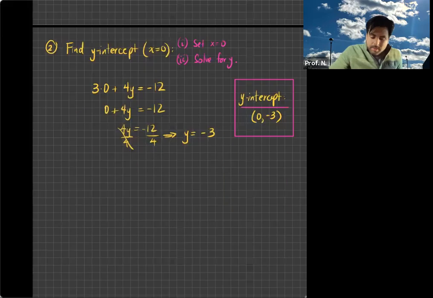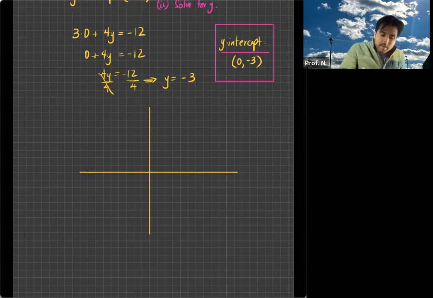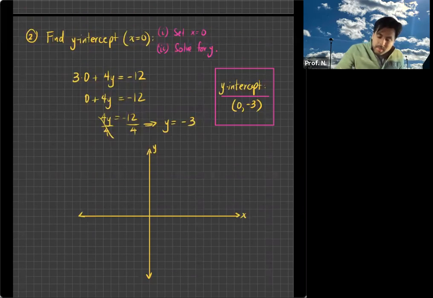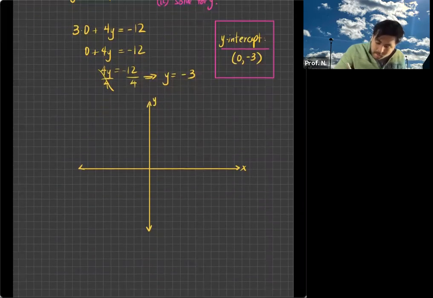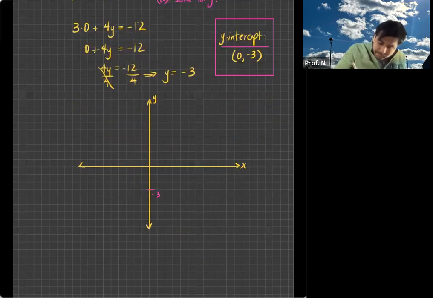Now, once I have those two intercepts together, I can plot them. So the first intercept, the y-intercept, is 0 comma negative 3. So I have something right here. And then I have the x-intercept, which is negative 4 comma 0.